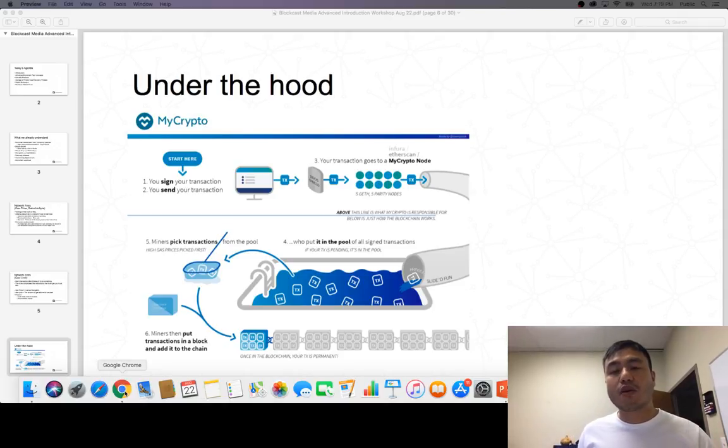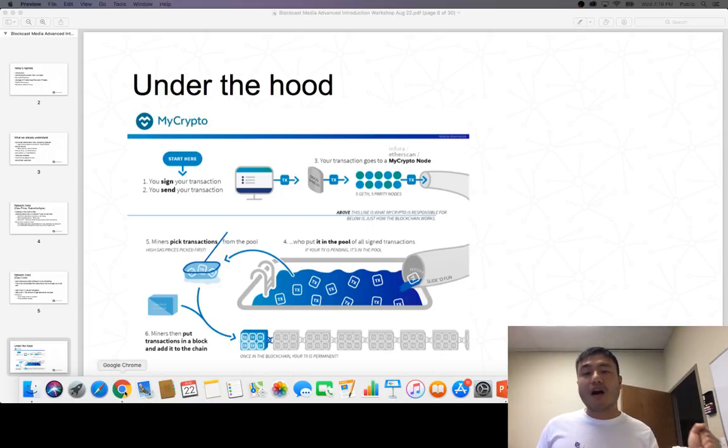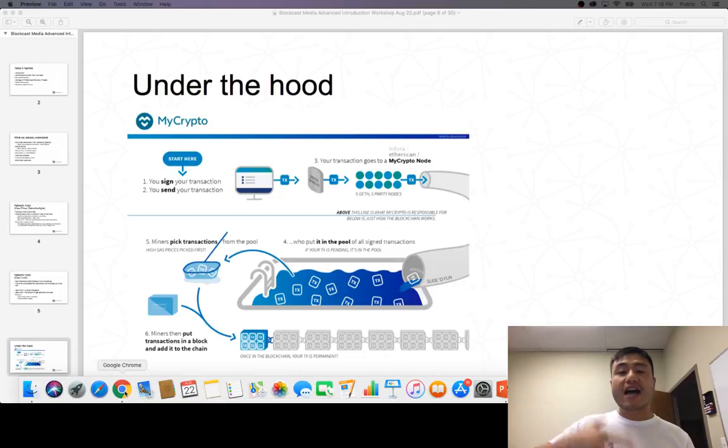And these networks are still so early that they can only process a certain amount of transactions per second. So they were getting overloaded with a bunch of transactions in the pool. Not enough transactions were being taken out of the pool to put in blocks, and more transactions were coming into the pool than it could handle.